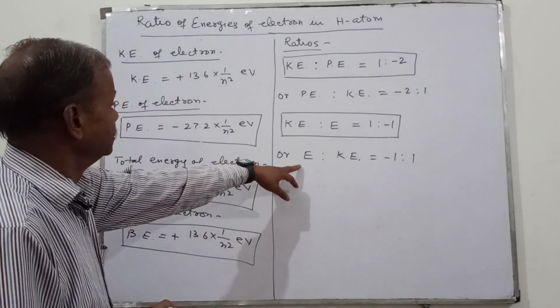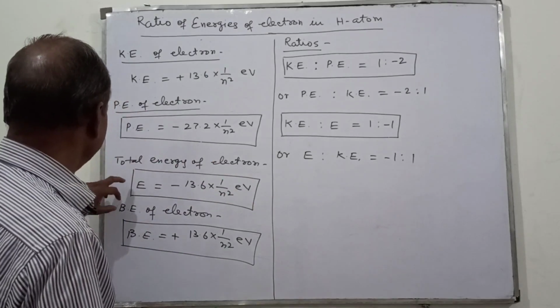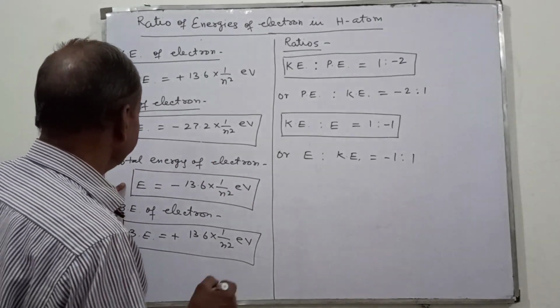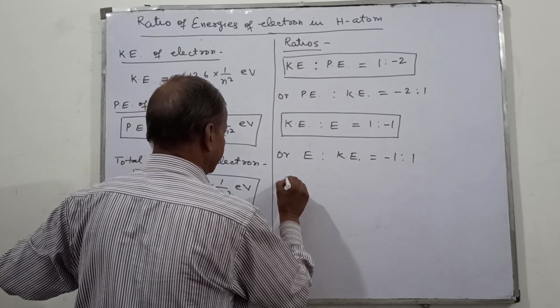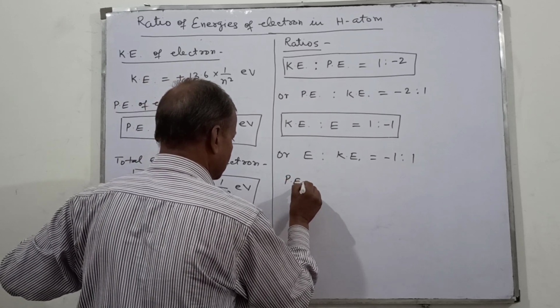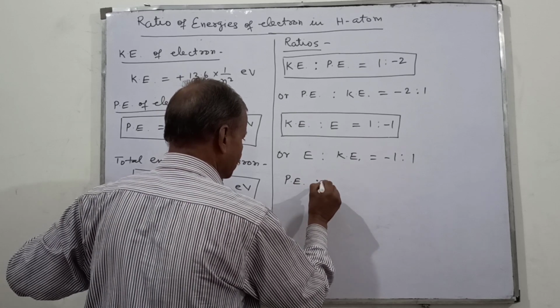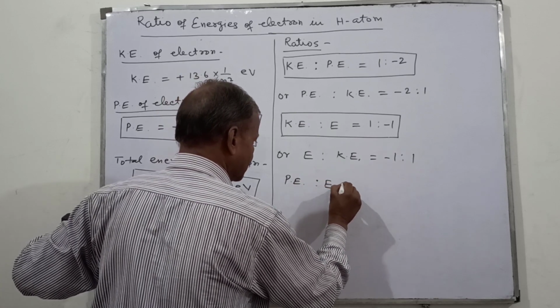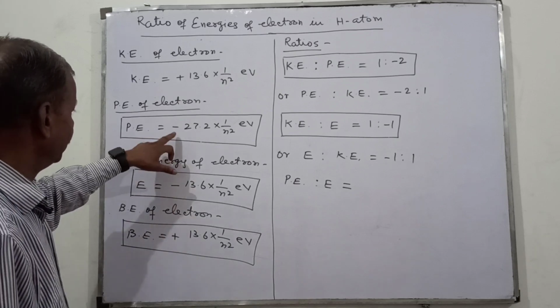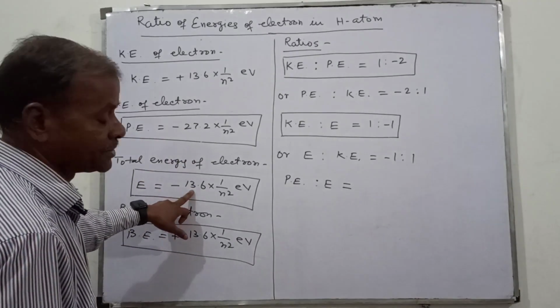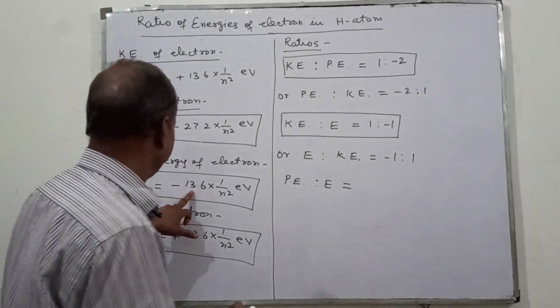Now potential energy ratio total energy. You can see that both are negative, but the potential energy is 2 times the total energy.